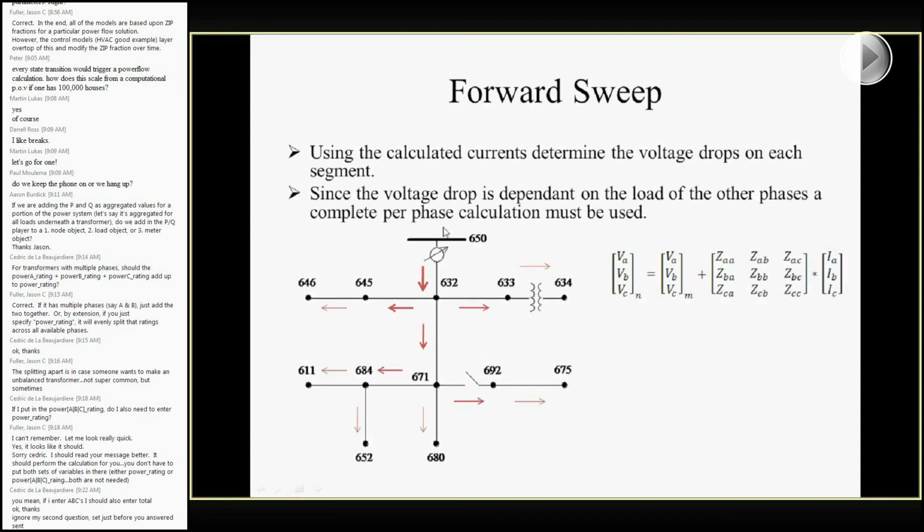So you'll start with your reference voltage here, and then you'll subtract off the voltage drop here, and you'll end up with your new voltage at node 632. And you'll do that across all the different laterals of your feeder. Just basically work your way from the top down to the bottom. So the forward sweep is top to bottom, and the backward sweep is bottom to top. So that's why it's typically called the backward forward sweep. I always call it forward backward sweep, but it's honestly the other way around.